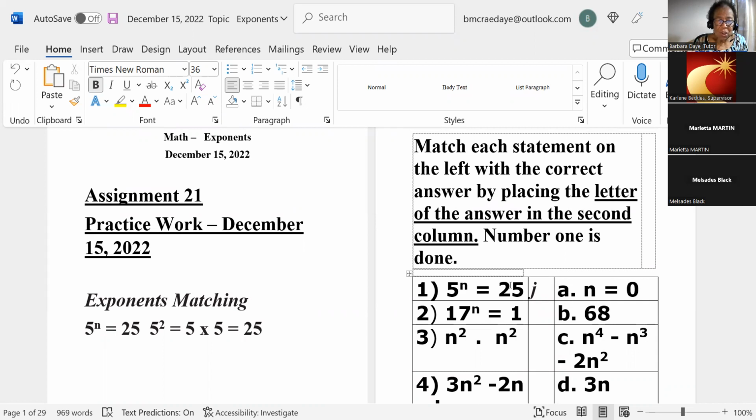All right. Now let's go to number 2. 17 raised to the n power is equal to 1. Now, Marietta, what must n be equal to in order to get 1?